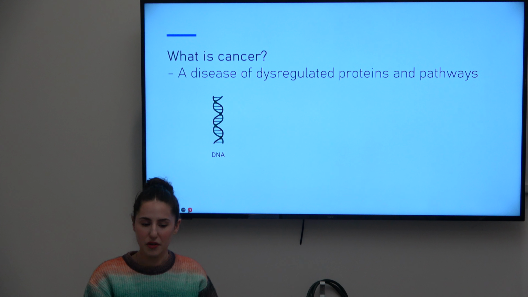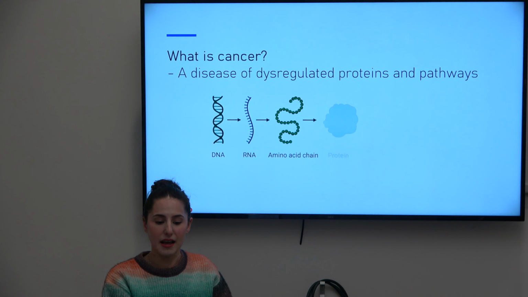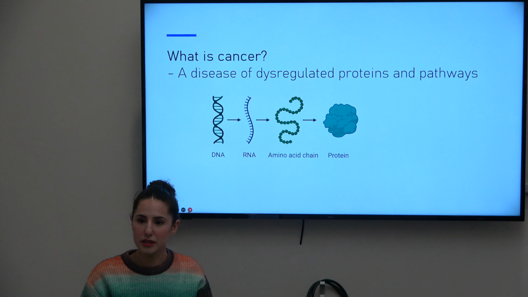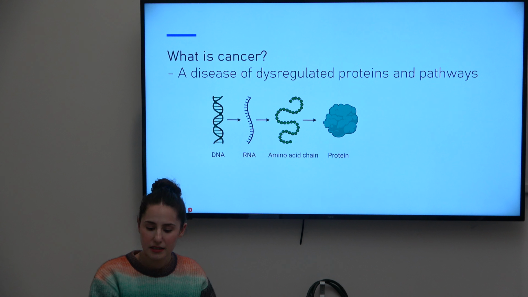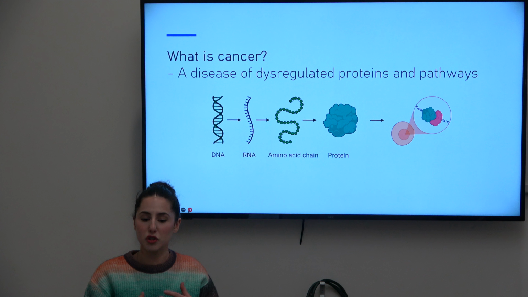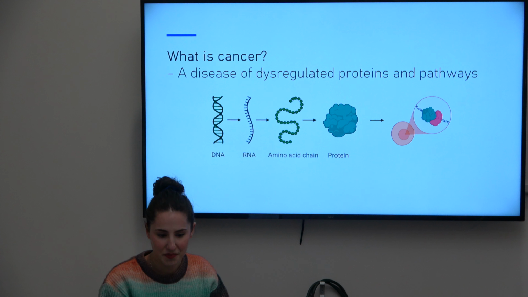So in a normal cell, you have DNA that gets transcribed to RNA, and an amino acid is made from it, and from there the amino acid is folded into a protein in its native state, and from here the protein can go on in the cell and do its job and interact with other proteins and create a cascade of events.